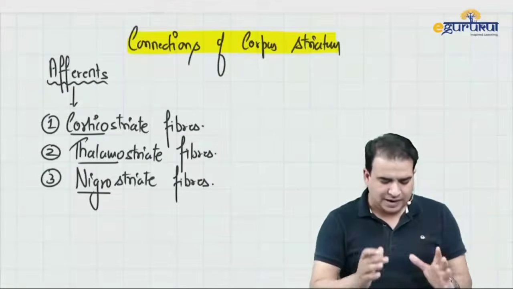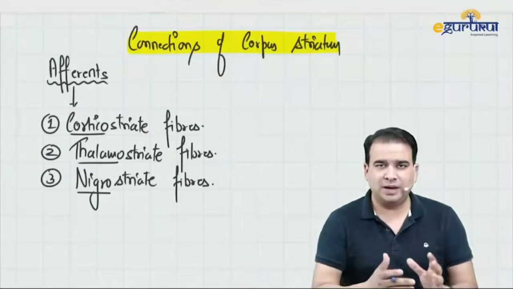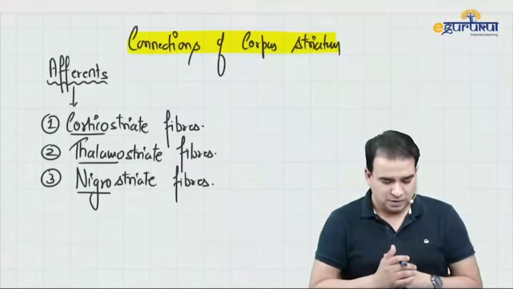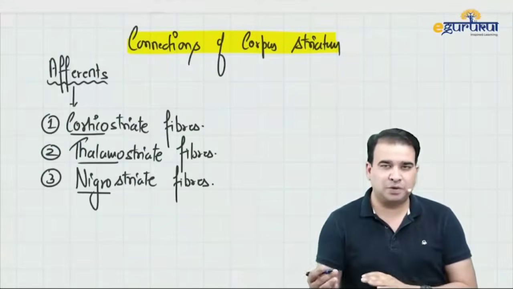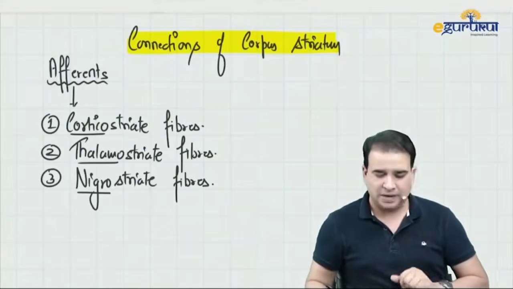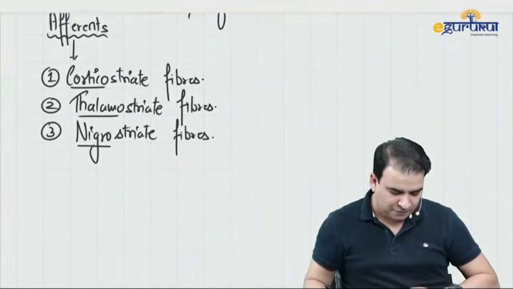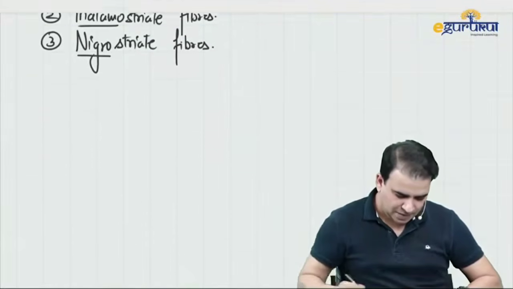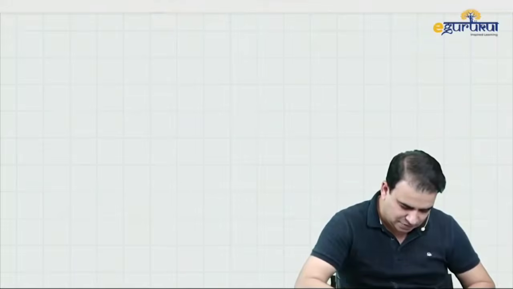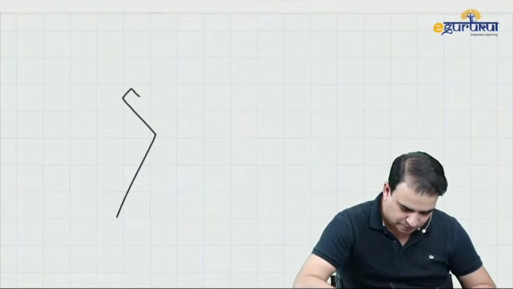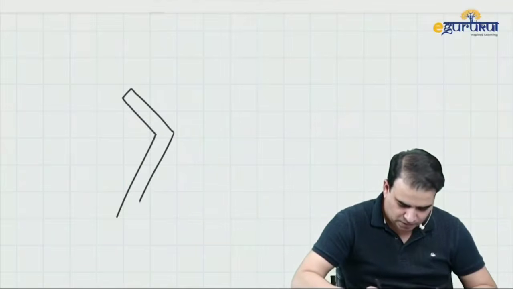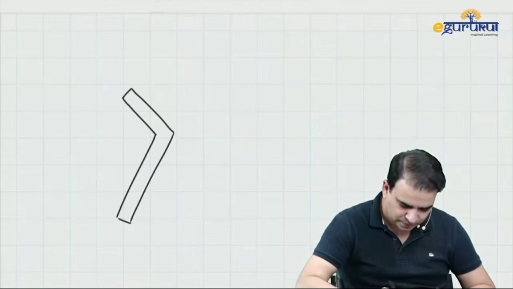So let me put it in a diagram first, to show how these afferent fibers will look. As I said, you remember more from the pictures. And then in the next part, we will see the efferent fibers from the basal ganglia or the corpus striatum. So guys, for the afferent fibers, let me consider the same diagram. If this is the internal capsule, this here is the internal capsule.